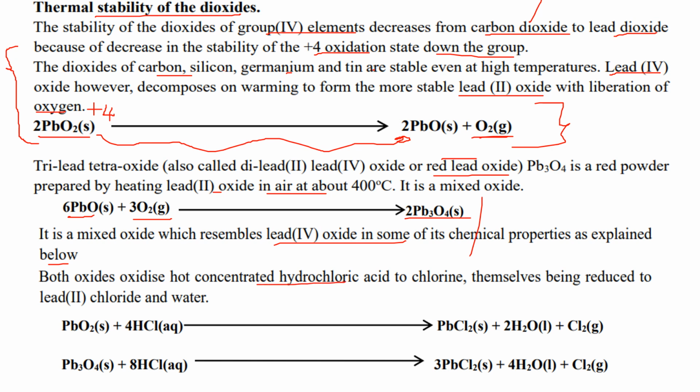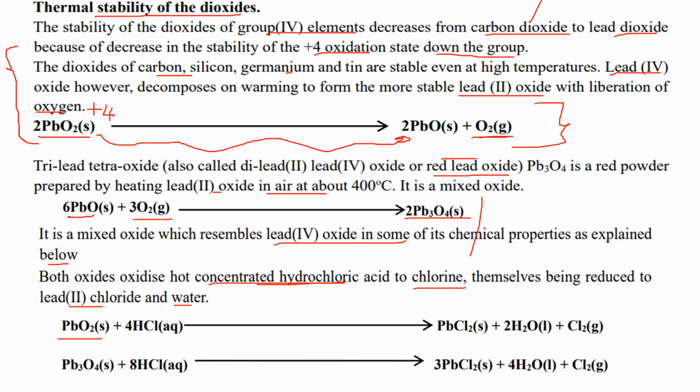Just like I told you, most of the reactions that are undergone by these compounds are with concentrated reagents. So always know that they do not react with most of the dilute reagents. They only react with reagents that are hot and concentrated, regardless whether it's an acid or an alkali. So both of the oxides oxidize hot concentrated hydrochloric acid to chlorine, and themselves after oxidizing they get reduced to chloride and water.